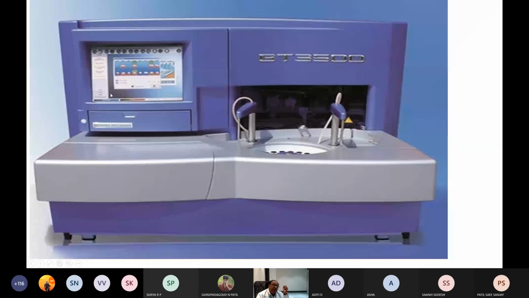But another thing is that with fully auto analyzers, you can give the report in a very short time. When patients are serious or in the ICCU, they are in a great hurry and in need of your report or support. With the help of these fully auto analyzers, you can support them.